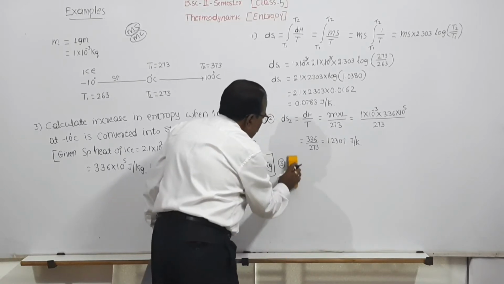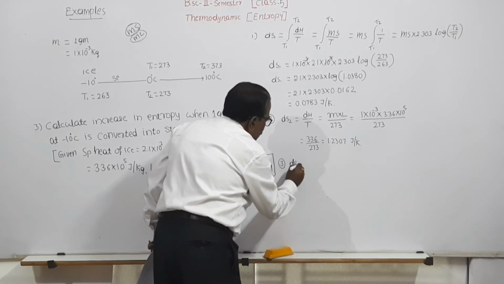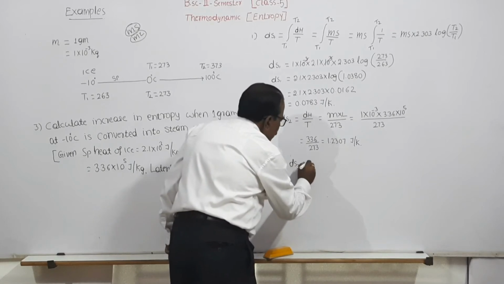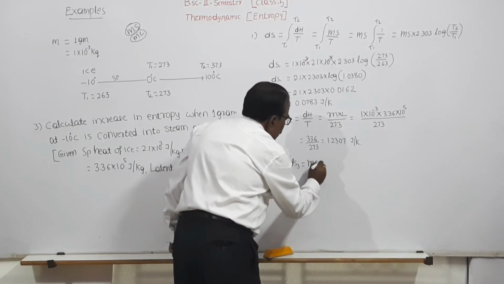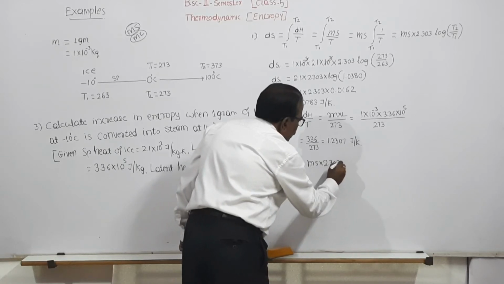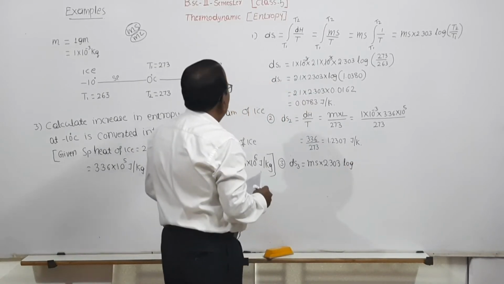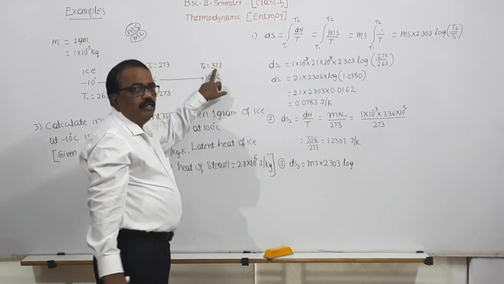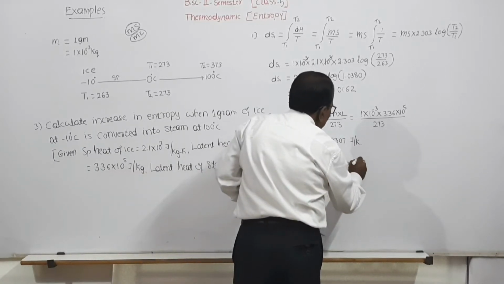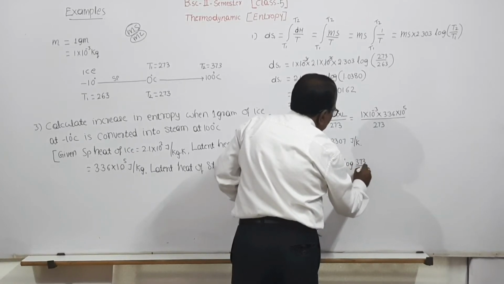It is dS3, it is m into s into 2.303 log of T2 by T1. Here T2 is 373 by 273. It is 373 by 273.